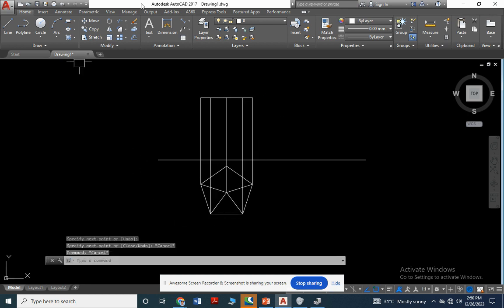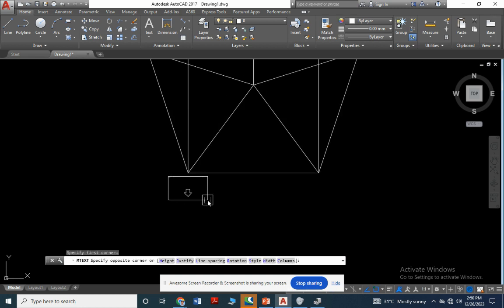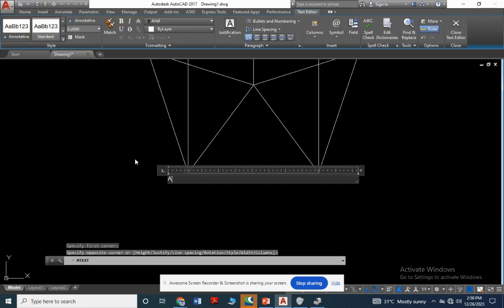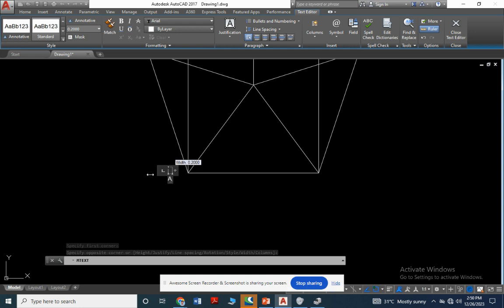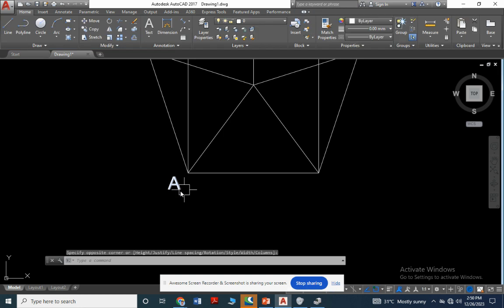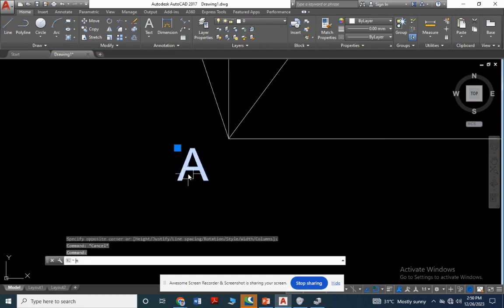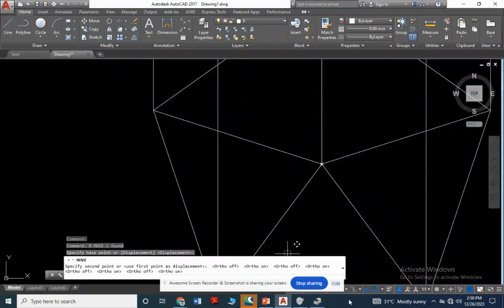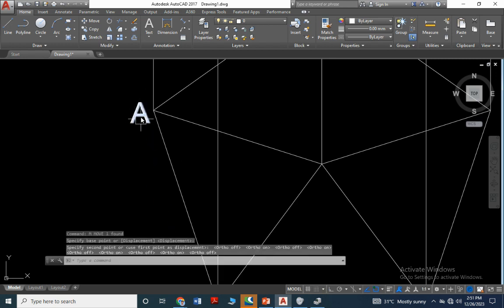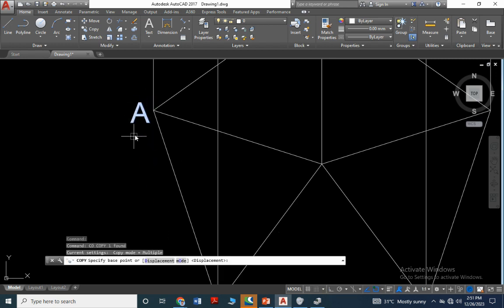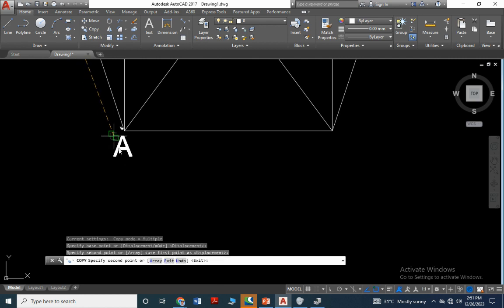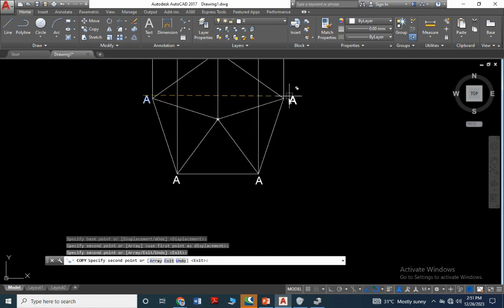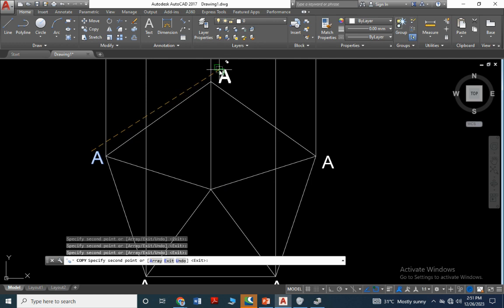Now I would like to add text. First, the letter A. I use the move command, then copy this one for B, C, D, E.